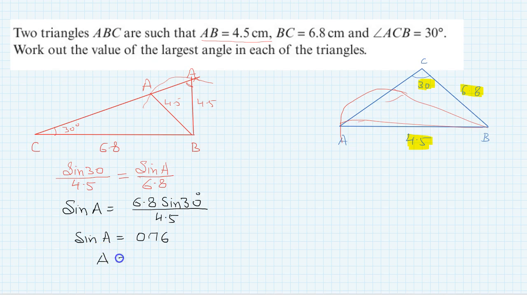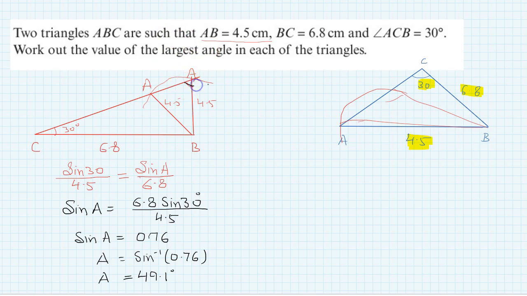So A will be sine inverse 0.76. So angle A will be 49.07. So let's say it is 49.1 degrees.